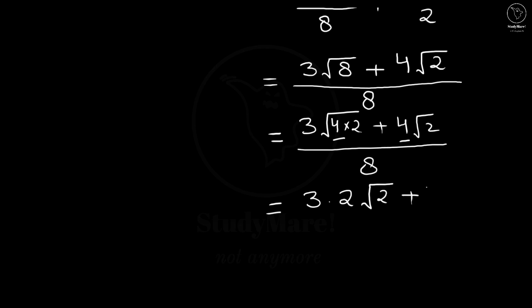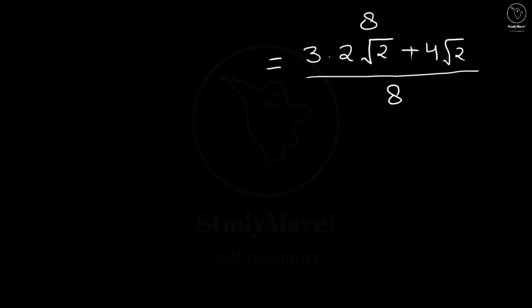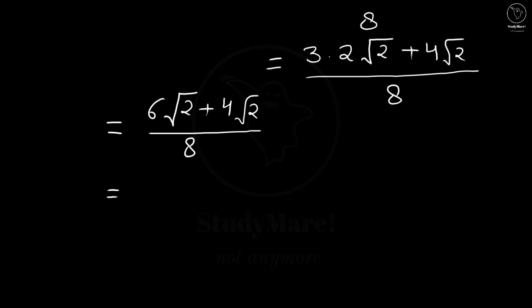Plus we already have 4 root 2 divided by 8, which is equal to 3 into 2, 6 root 2, plus 4 root 2, divided by 8, equal to, here you see we have root 2 and root 2.